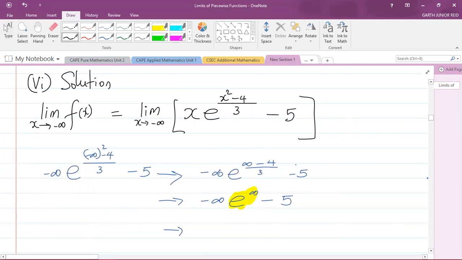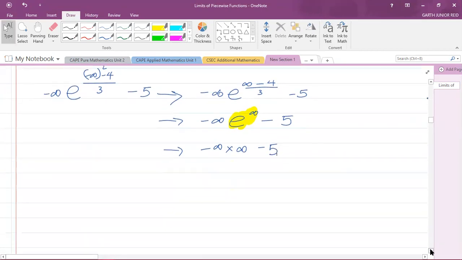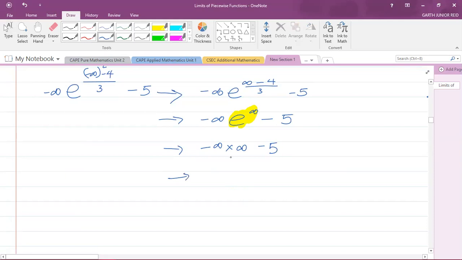So what we have now is negative infinity being multiplied by infinity minus 5. And that is now approaching negative infinity times infinity. That's going to be negative infinity squared, minus 5.